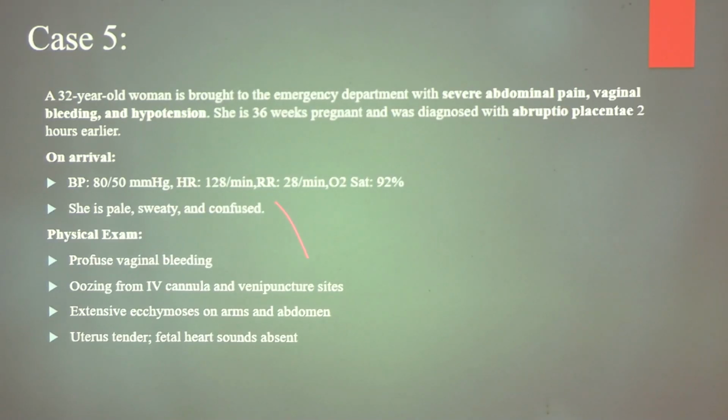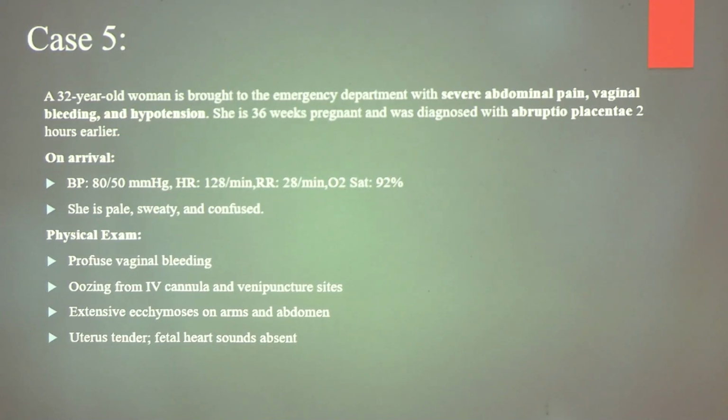Okay. So what are the key points here? If you compare with the other cases, what are the differences? BP here is hypotension, right? BP is less. Then heart rate, there is tachycardia. Respiratory rate also increased, and oxygen saturation is less.